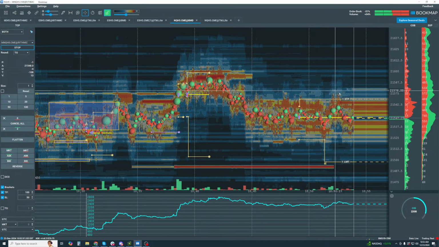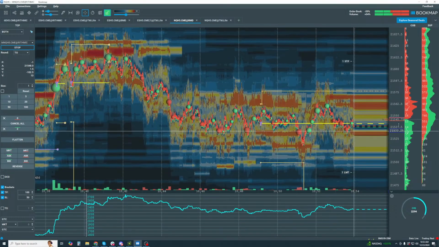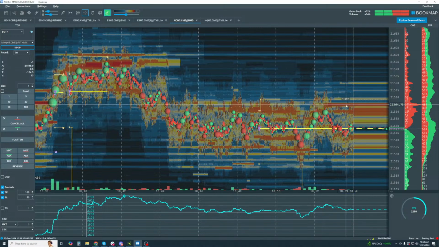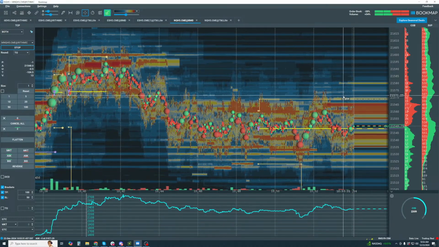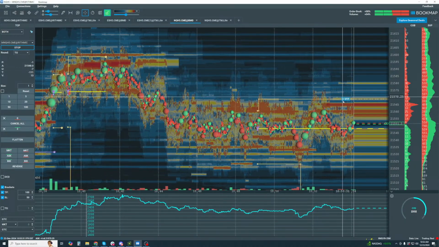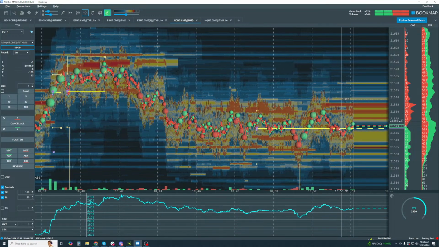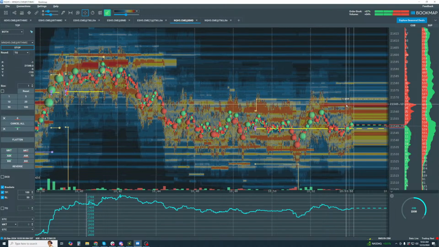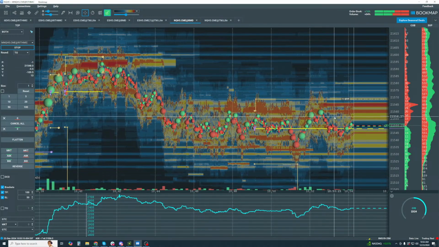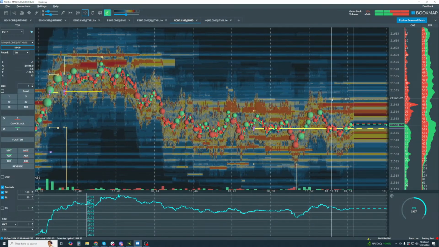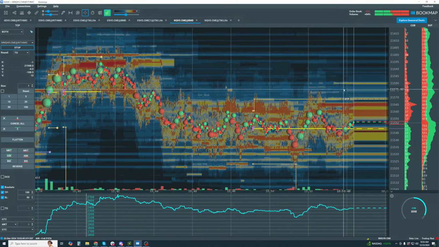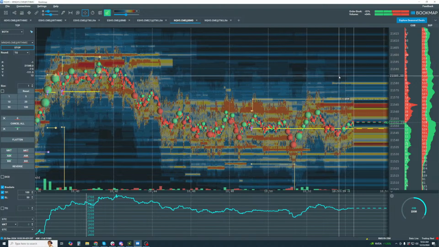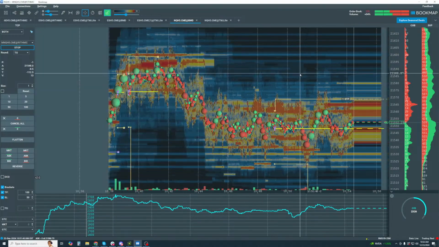And see how they're battling it in here. And we don't have too much clarity right now. This is trading from the inside out of the range.